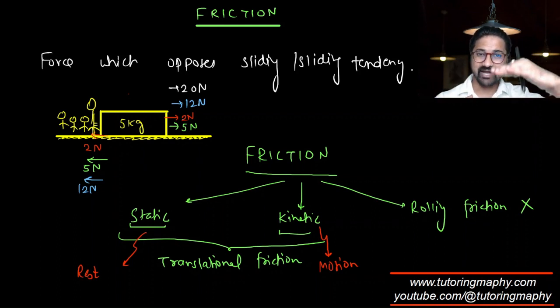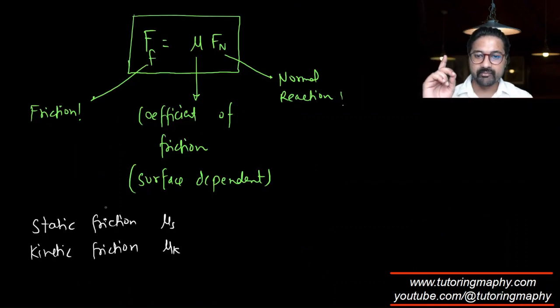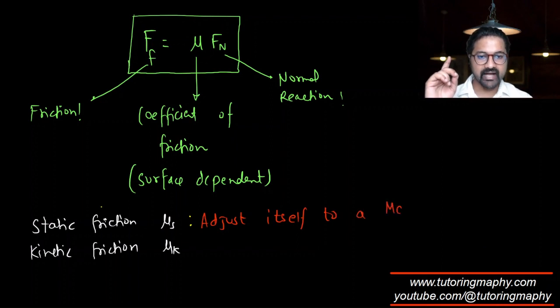So static friction, because the block is not moving, has a tendency to adjust itself up to a maximum value of mu s times F sub n.